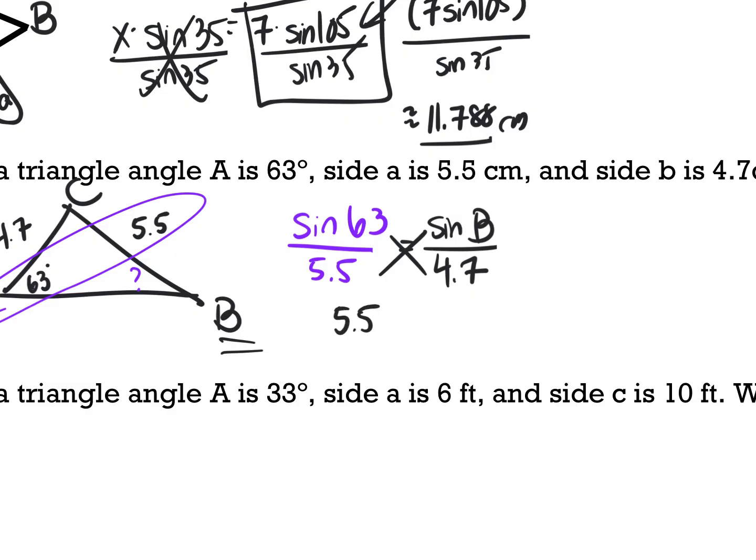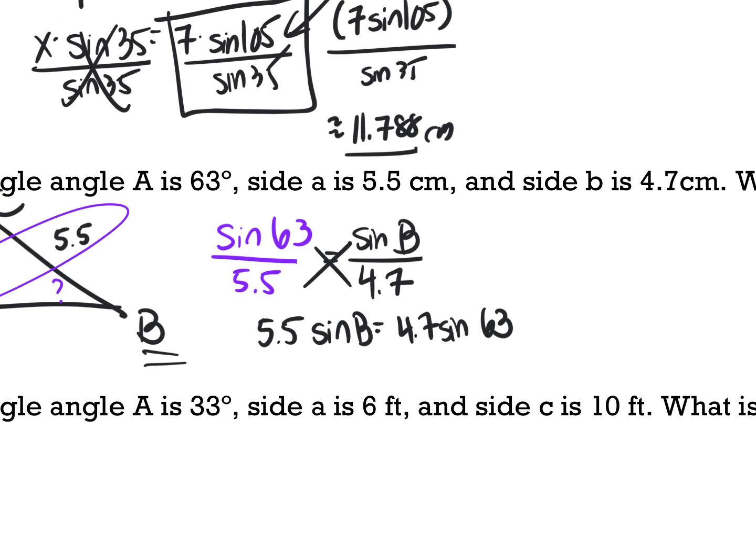So 5.5 sine of B equals 4.7 sine of 63. Now 4.7 sine of 63 gets me about 4.188 with some rounding. That's 5.5 sine of B. Divide that by 5.5, and I get 0.761, so close, equals sine of B.